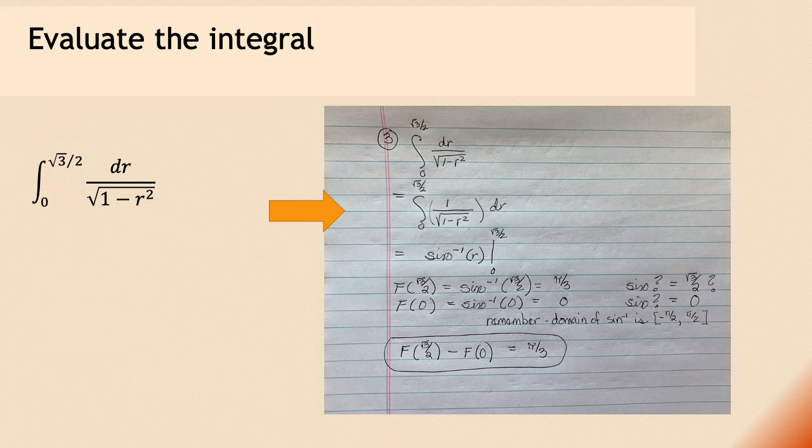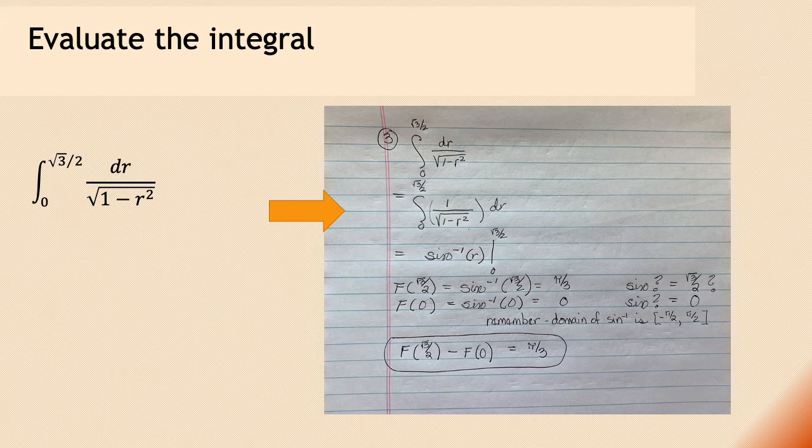Now, even if you were to convert that 1 over the square root of 1 minus r squared to the quantity 1 minus r squared to the negative 1/2, we still couldn't work with it. We don't have a chain rule, quotient rule, or product rule for the antiderivative. So this is your clue.